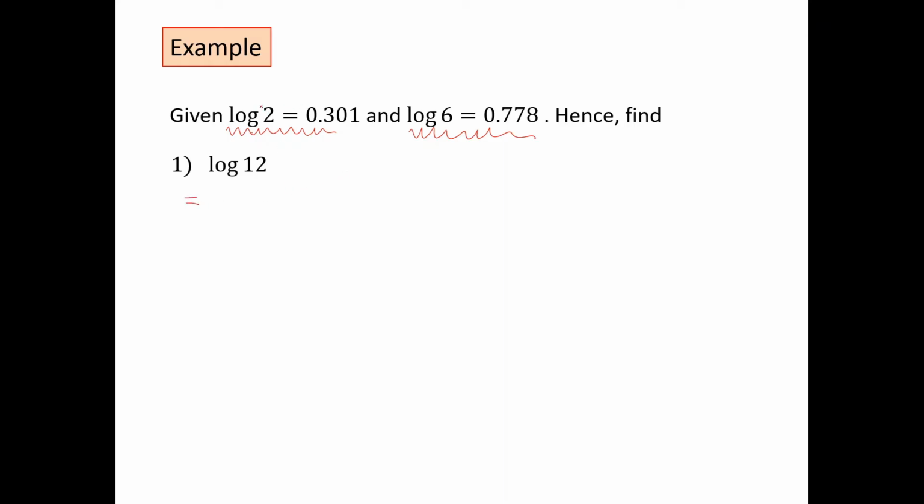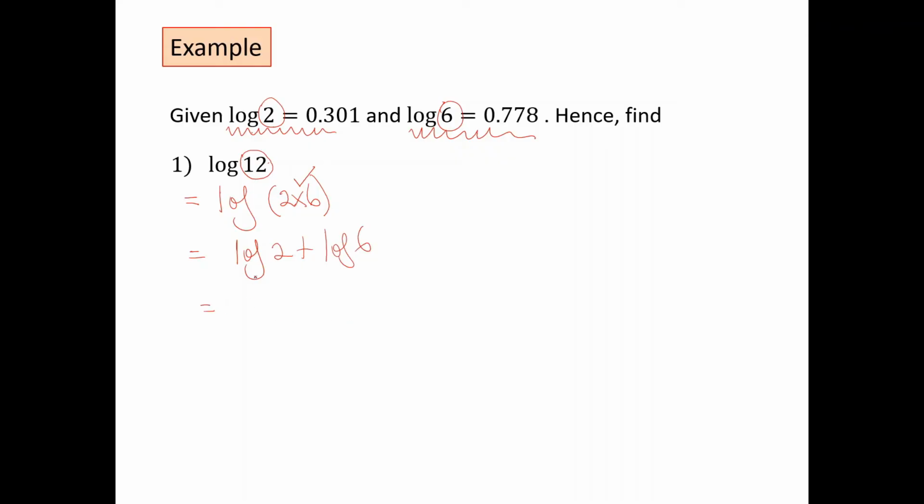So we must consider 2 and 6 to solve log 12. What is the relation between 12 and 2 and also 6? Obviously we can say that 12 equal to 2 times 6. So log 12 is equal to log 2 times 6. So multiplication in the bracket, so we can apply law number 1. So log 2 plus log 6.